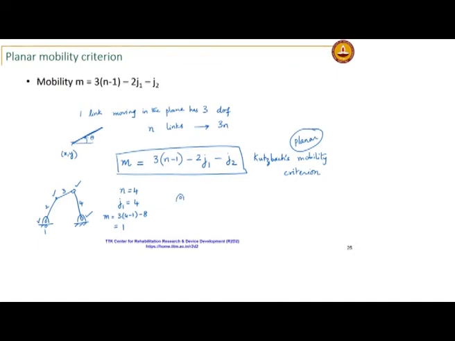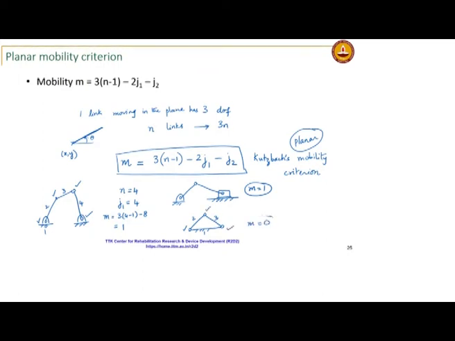Similarly, for a slider crank, it is no different because the 4th joint is still a single degree of freedom joint, the planar joint. So, I still have m equal to 1 for the slider crank. Suppose I only connect 3 links, 1, 2, 3, say 1 is fixed. What do I get for this mobility?